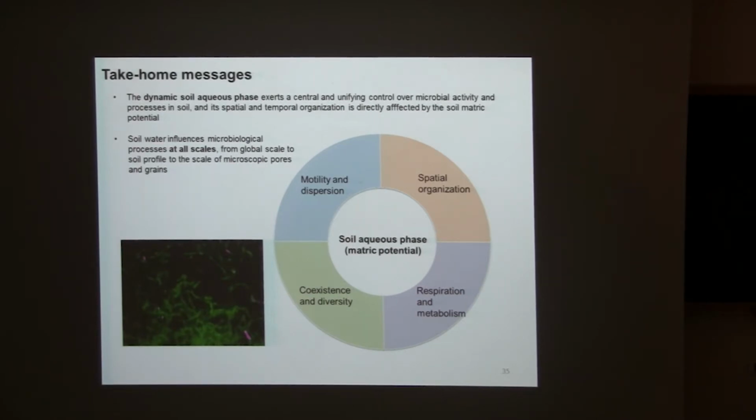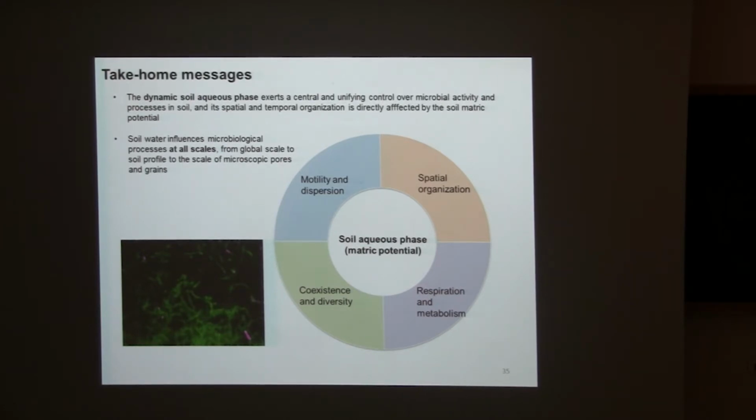So really, I hope I convinced you that the main player here for microbes is the soil aqueous phase. We saw the importance of the soil aqueous phase and especially matric potential for motility and dispersion, spatial organization, respiration, and coexistence, and that this soil aqueous phase is a unifying control over activity and the different processes.